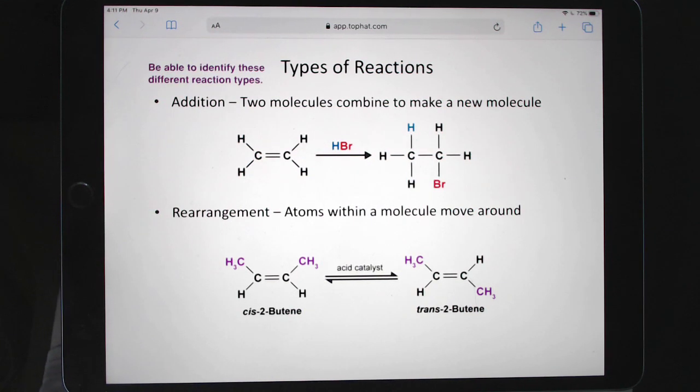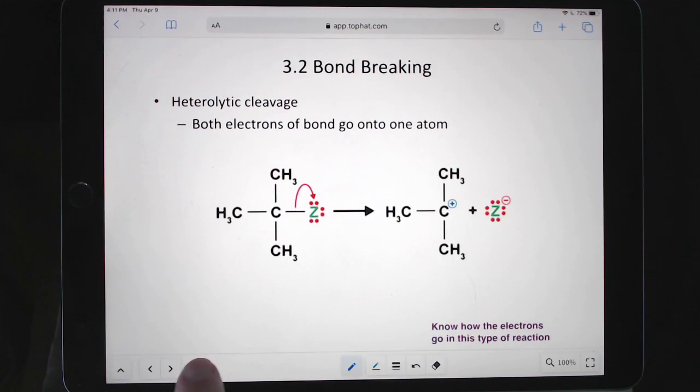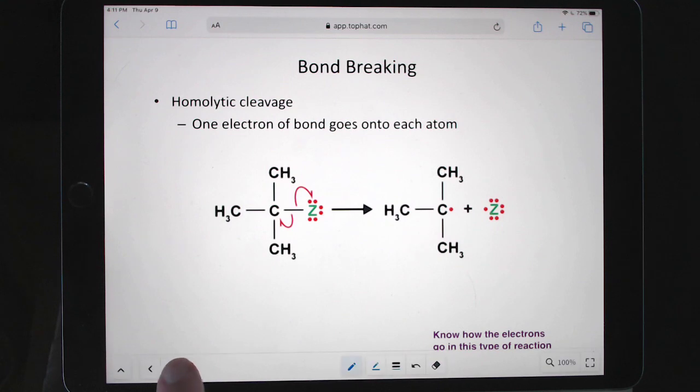So if you get a question about what type of reaction this is, you want to be able to identify the four different types.